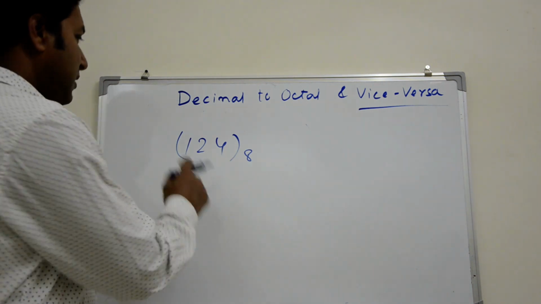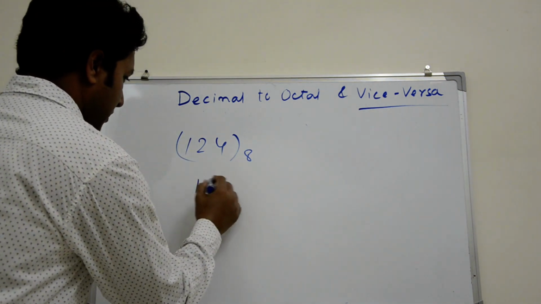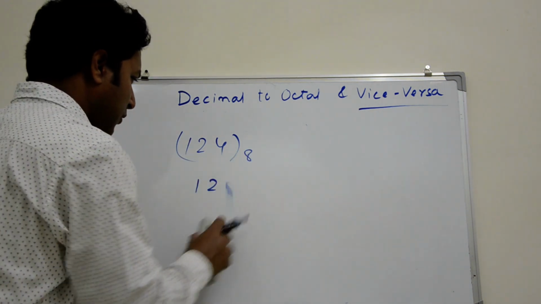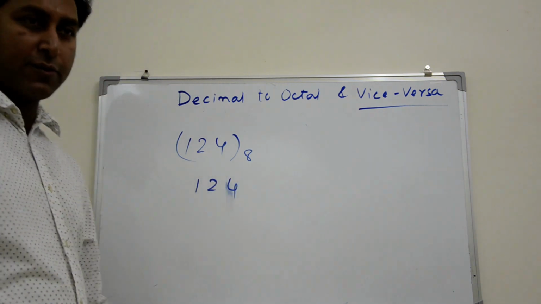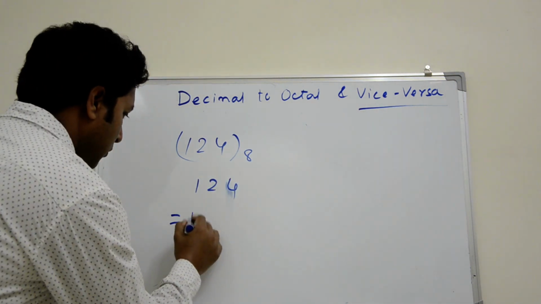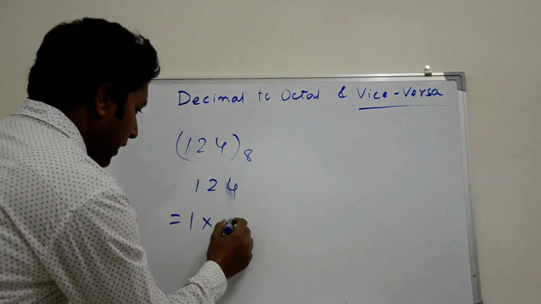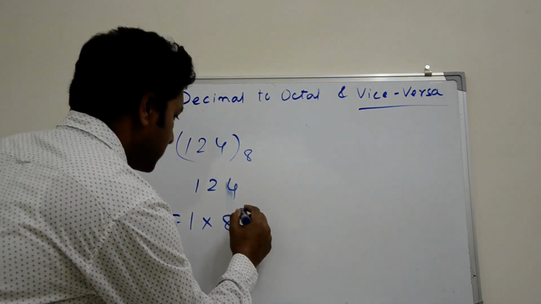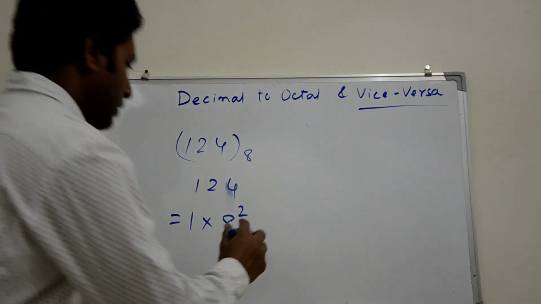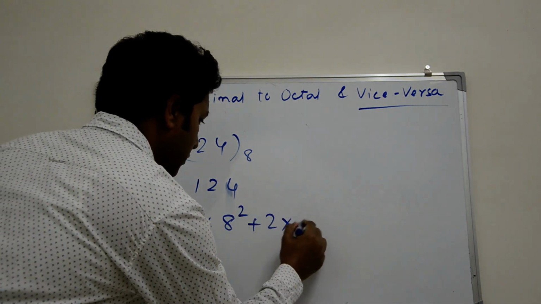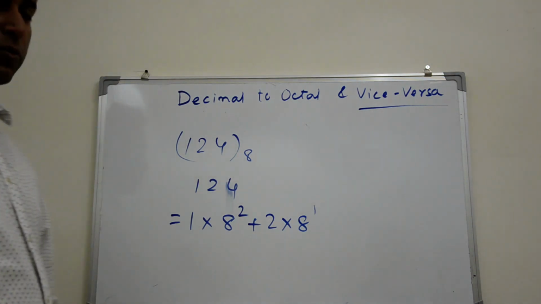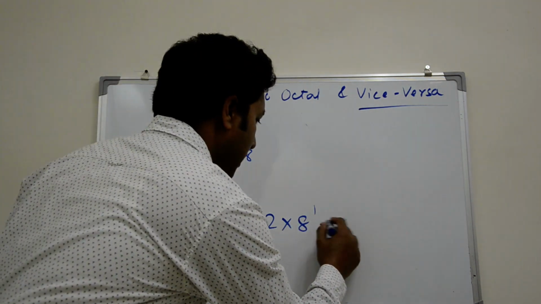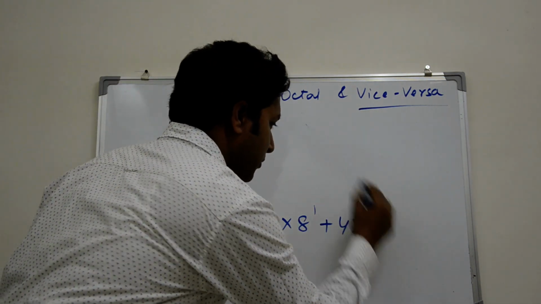How can you convert it? You write 1 2 4 is equal to 1 into 8 to the power, how many is left? 1, 2. 8 to the power 2, plus 2 into 8 to the power 1, plus 4 into 8 to the power 0.